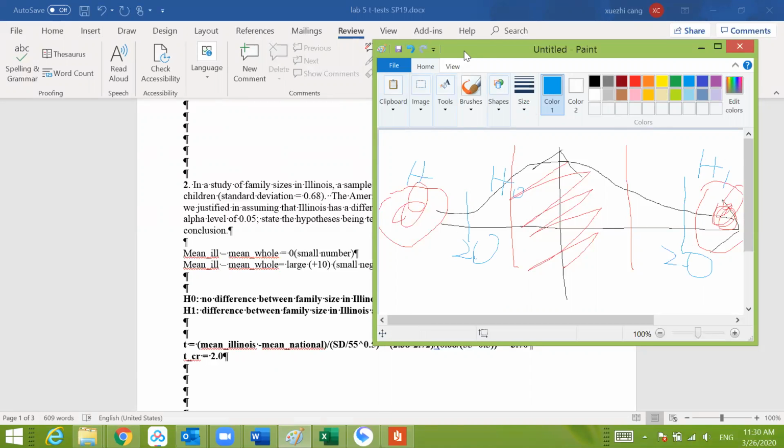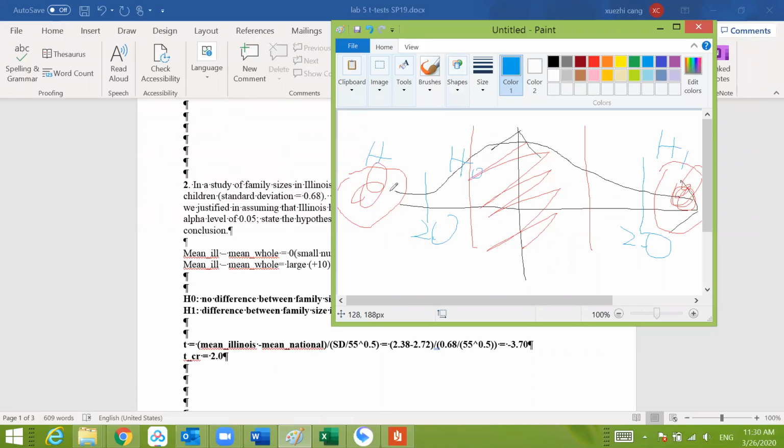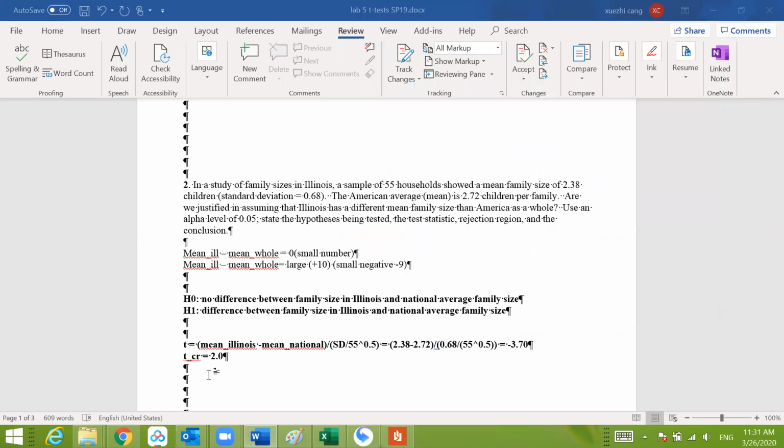But the t-score we calculated for this question is negative 3.70. So for this question, we should reject our null hypothesis and accept our H1 hypothesis.